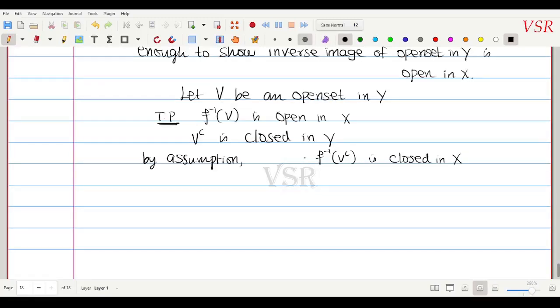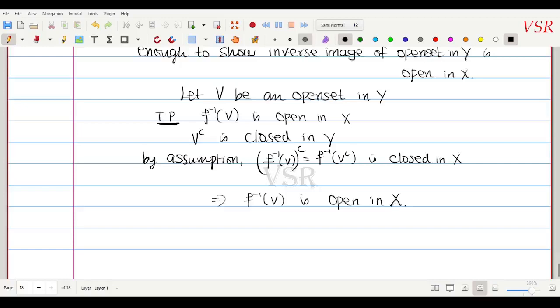As usual, this is f inverse of capital V the whole complement. This is closed in capital X. So this implies இதனுடைய complement யாரு? f inverse of capital V is open in capital X.